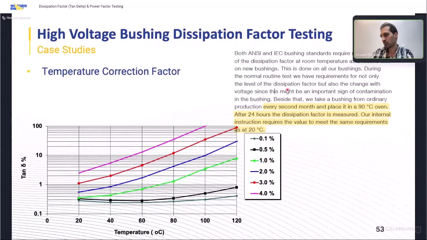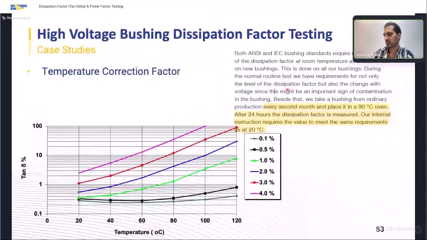Here, ABB has an interesting idea. They say to measure the dissipation factor of the bushing at higher temperature, maybe instantly after de-energizing the transformer. The temperature is 60 or 65 degrees, so measure the dissipation factor of the bushing first.